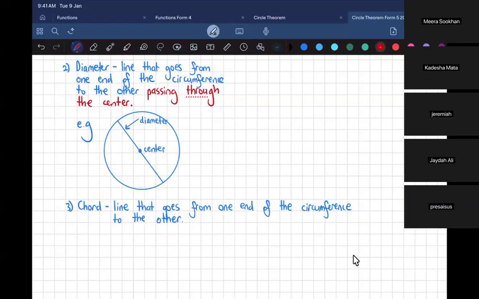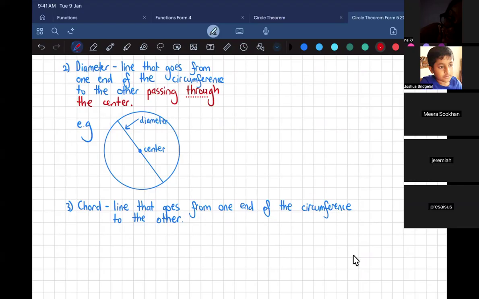It does connect the two. When I say that it goes from one end to the other end, it implies that it connects the two. So that part's already there. It connects two points on the circumference. But what separates a chord from being a diameter?